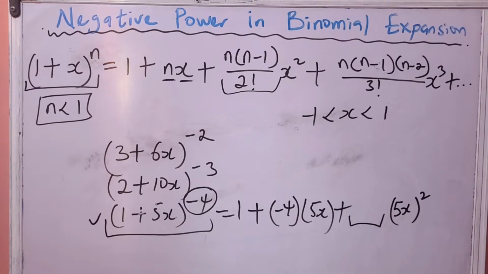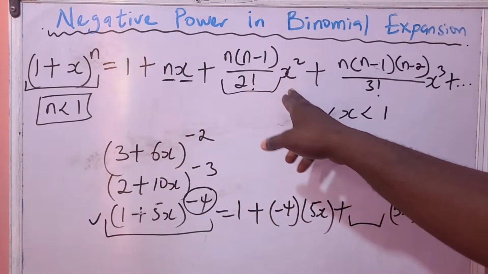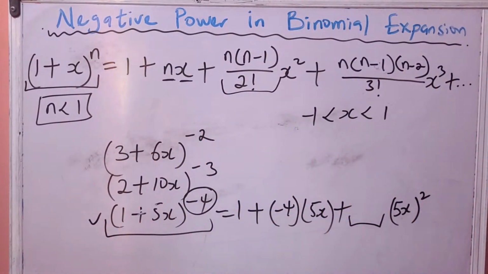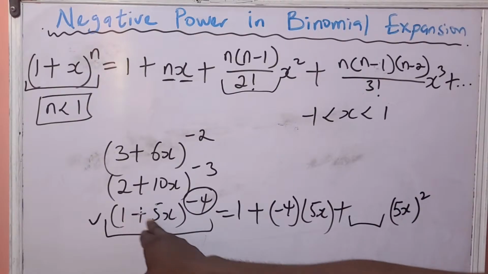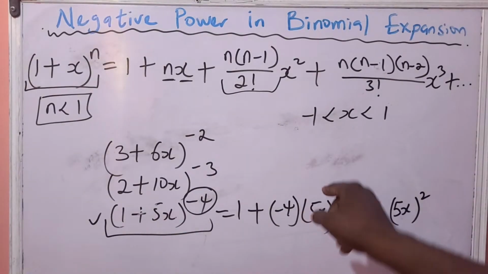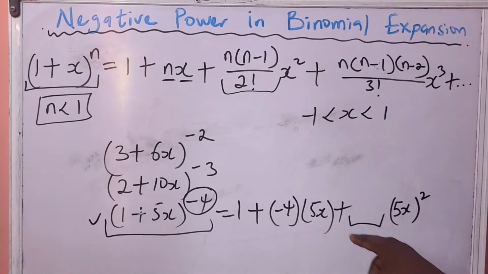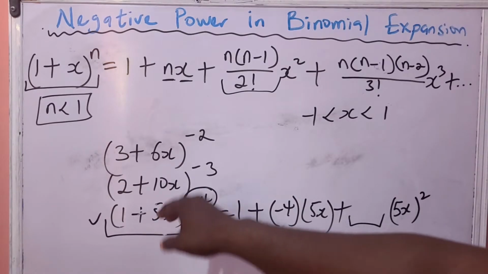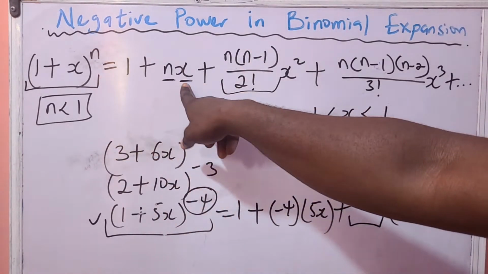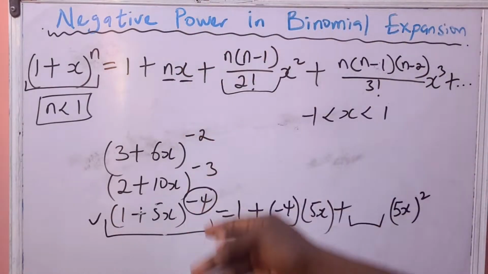You do not use this x rigidly. You have to use whatever you had. So if it was 3x that was here, you will be using 3x instead of x. If it was minus 5x, let's say this was minus 5x, it is minus 5x you will use in there. Whatever x value you have here, if it was 1x, like in this case, you use the 1x. If it was 2x, you use 2x.